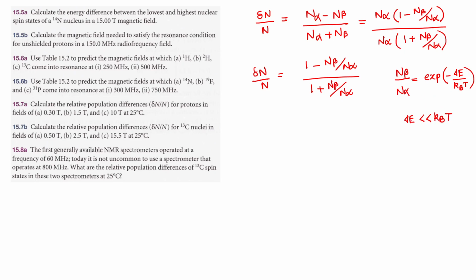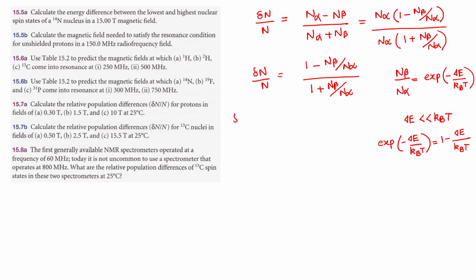So actually we can expand this exponential of minus delta E by kBT as 1 minus delta E by kBT. This is that small, so we can ignore the higher order terms in the infinite series.